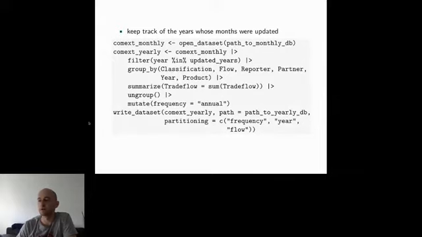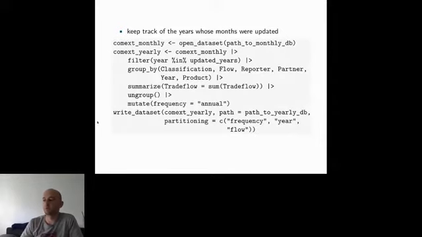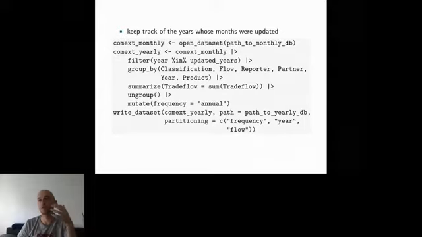Then again, writing out this newly computed dataset with another command makes the whole process very easy. So the whole process is just two scripts that are run after each other, and allows us to keep a monthly and a yearly version of the EU COMEX locally available.